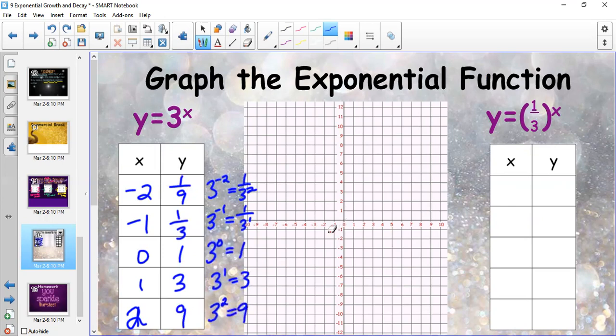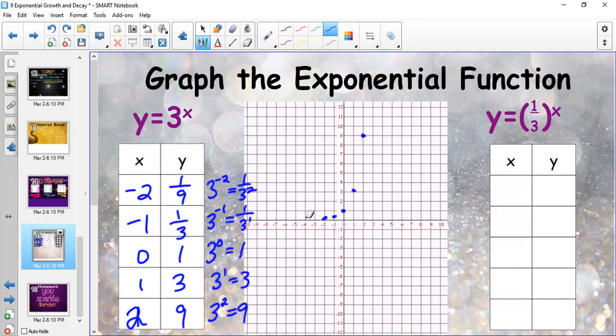So if I graph this at -2, it would be 1/9. That'd be really small. Oops, -2. That'd be 1/9, really, really close to 0, but not 0. -1 would be 1/3. So up 1/3 of the box. 0, 1, 1, 3, 2, 9. And if I would have done 3, it would be 27.